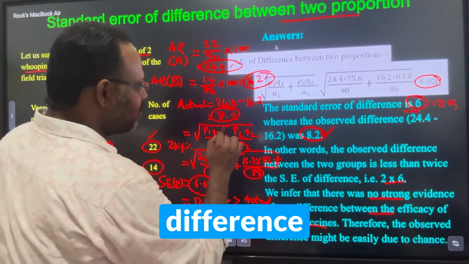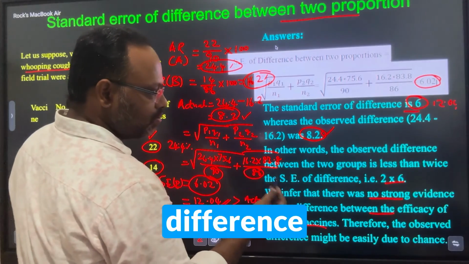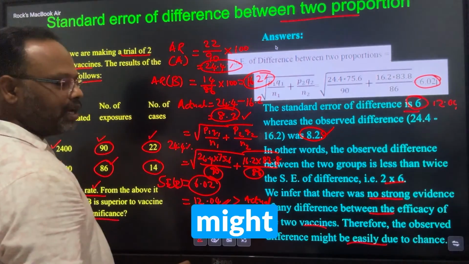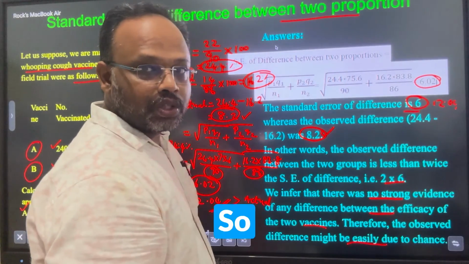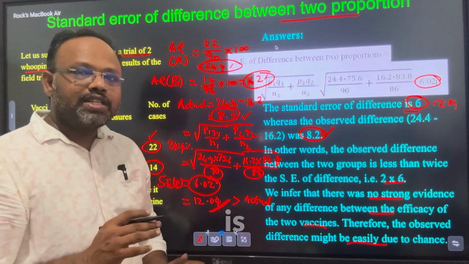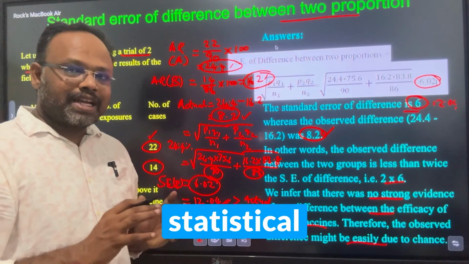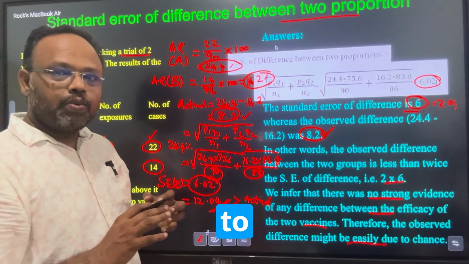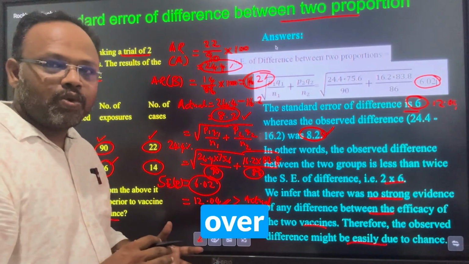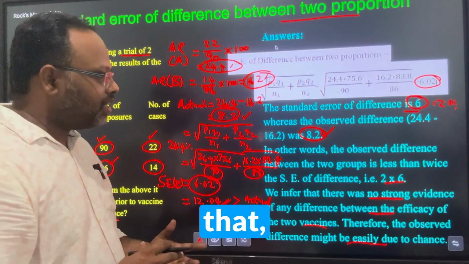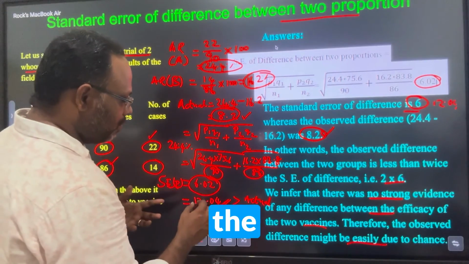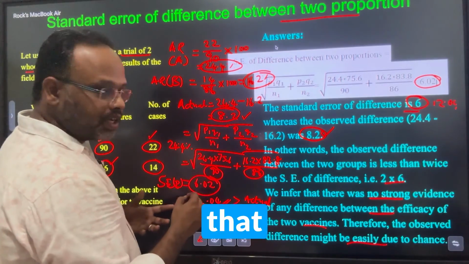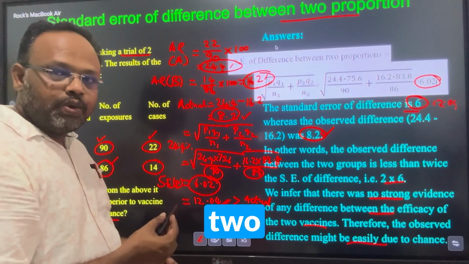Therefore, the actual difference we got here might be due to chance. So there is no convincing, statistically significant evidence to prove superiority of one vaccine over the other. For that, we need values more than double the standard error between two proportions.